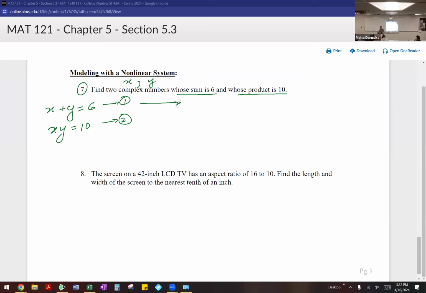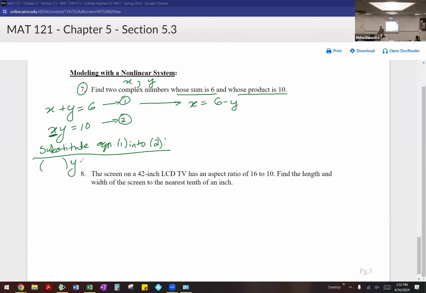Let's maybe rewrite equation 1 as x equals 6 minus y, right? By moving the y to the other side. And so then we can substitute equation 1 into equation 2.